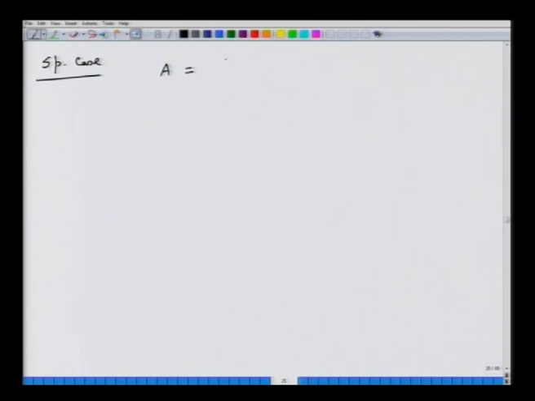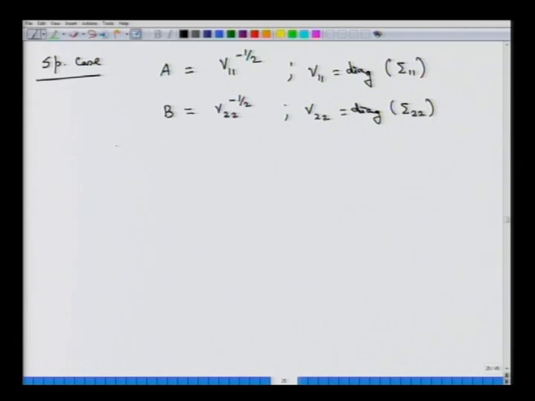If we consider A as the matrix V 1 1 to the power minus half, wherein V 1 1 is the diagonal matrix of sigma 1 1, and if we choose B as V 2 2 to the power minus half, wherein V 2 2 is the diagonal matrix corresponding to sigma 2 2, then x is getting transformed to Ax, which is V 1 1 to the power minus half times x, and y is getting transformed to By, which is V 2 2 to the power minus half times y.